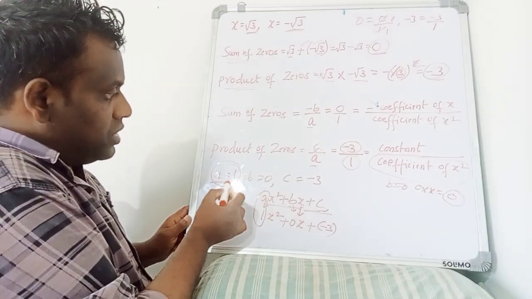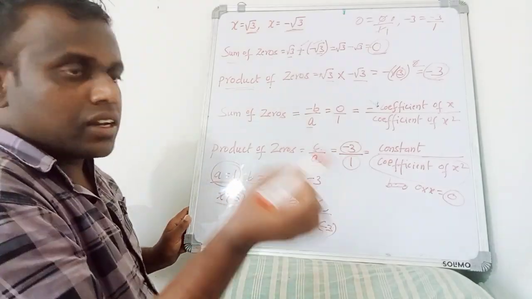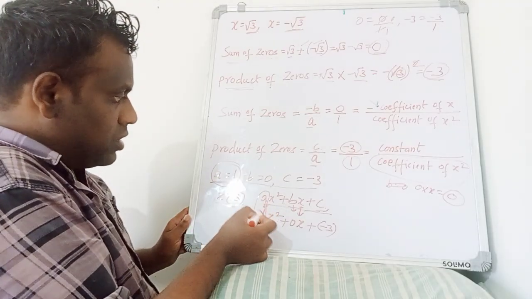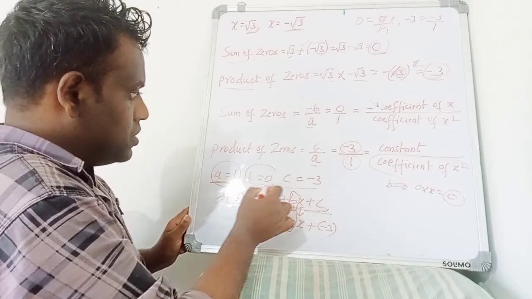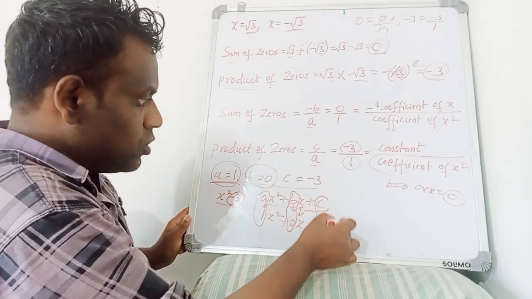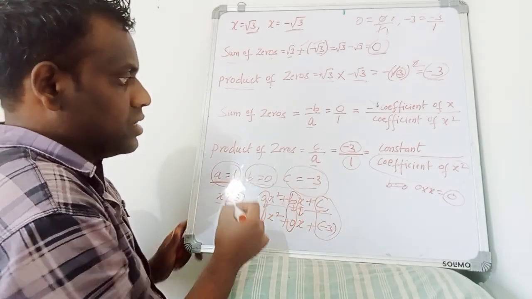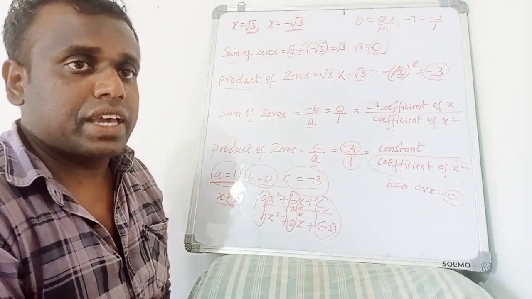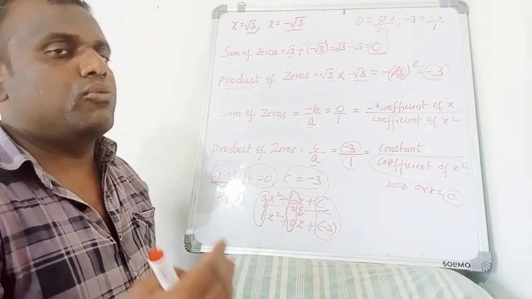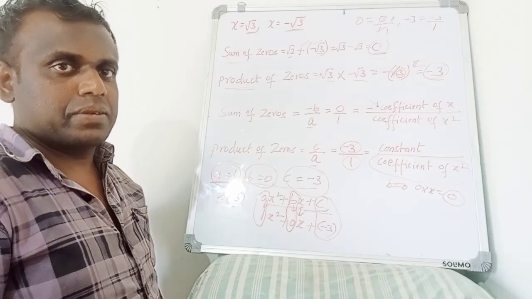Now you have to compare these values with this, whether correct or not. Here a should be 1, so we got a is equal to 1. Here b is equal to 0, we got b is equal to 0. C is equal to minus 3, we got c is equal to minus 3. So that means the values of x we calculated are correct. So we have verified. You got it?